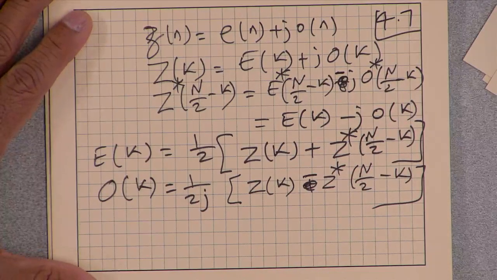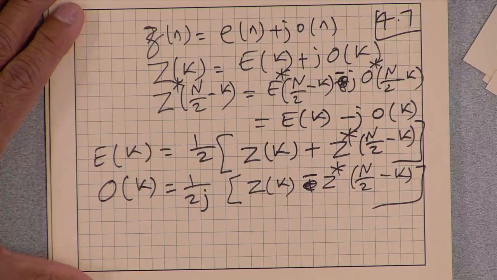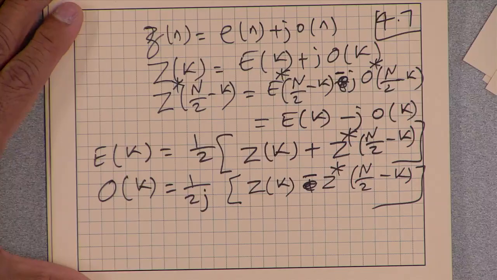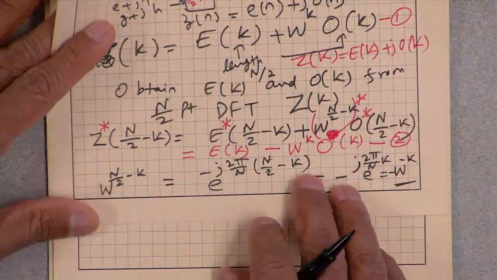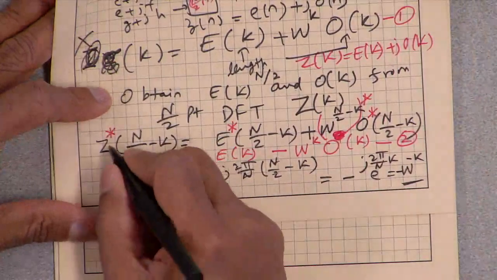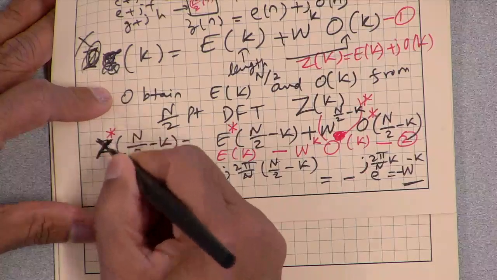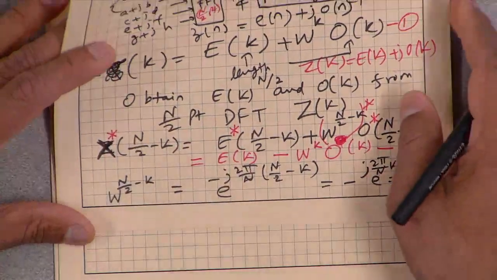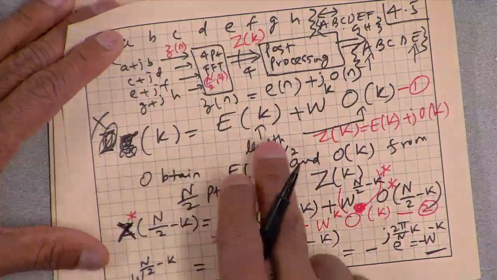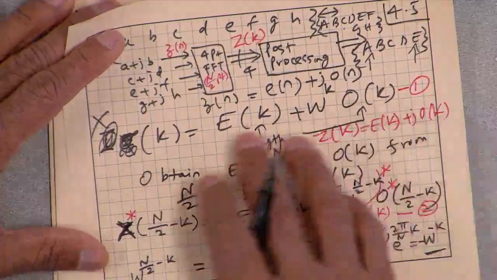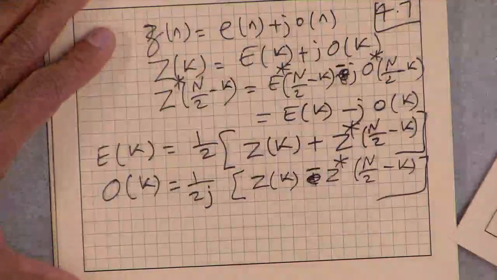Okay. So the last step is how can we get to Xk? So now Xk. I think much of this still is okay. So this is X n by 2. So Xk is equal to Ek plus, that's correct, W to the power k times Ok.